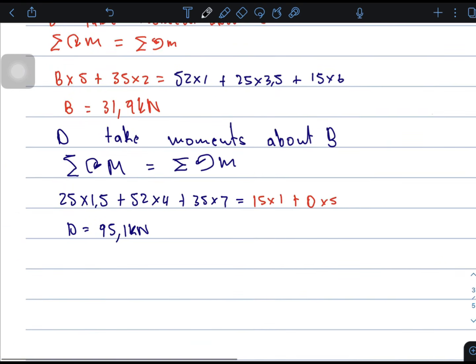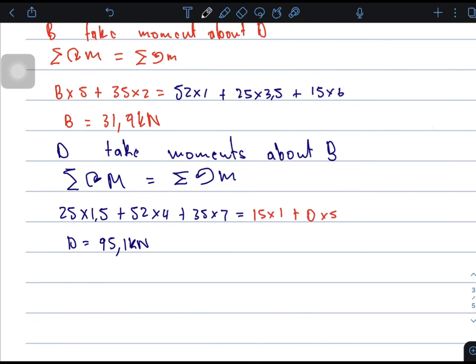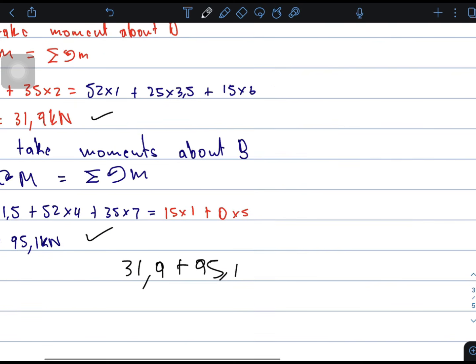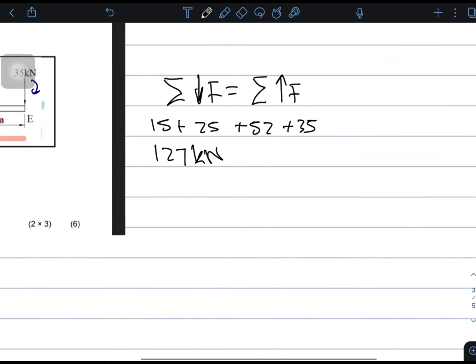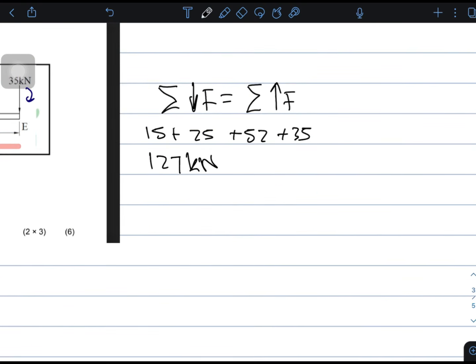Then the upward forces should amount to the same as the sum of the downward forces. So basically, let me add 31.9 plus 95.1. That is 127. Okay, proving that our answer is correct.